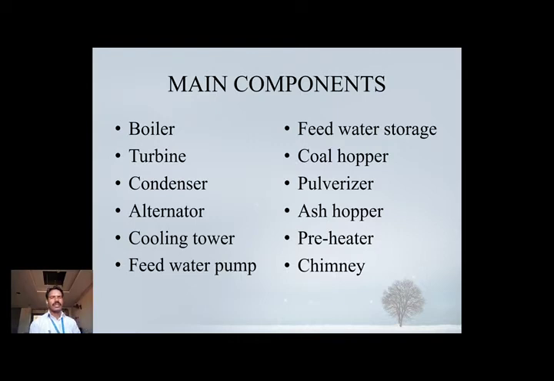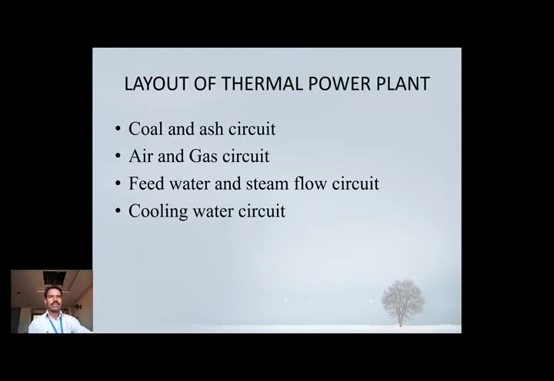The preheater heats the inlet air with the help of flue gases. It is called a preheater. It has four circuits. First is the coal and ash circuit. Next is the ash and gas circuit, then the feed water and steam flow circuit, and the cooling water circuit. We need to discuss all four circuits.